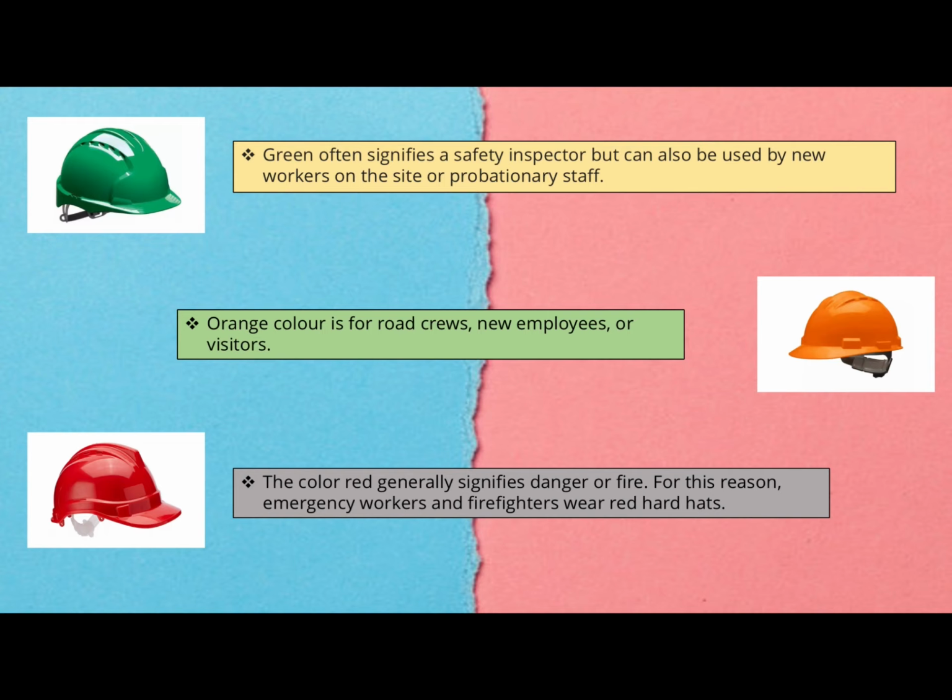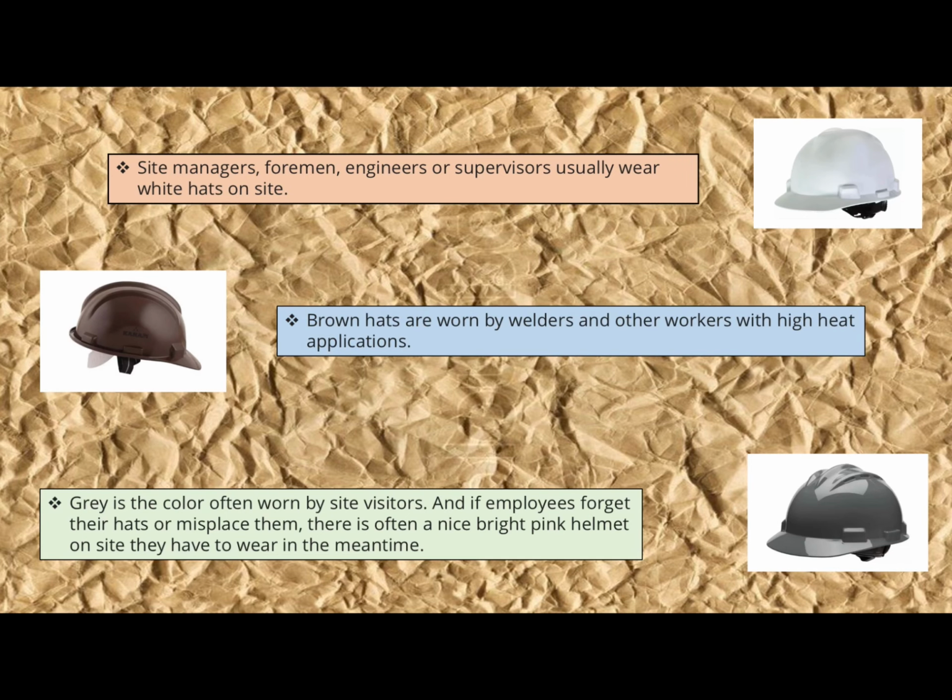And the red hard hat is usually used for emergency workers and firefighters. White hard hats are usually used for site managers, foremen, engineers, and supervisors. The next is the brown hard hat. Brown hats are worn by welders and other workers with high heat application.